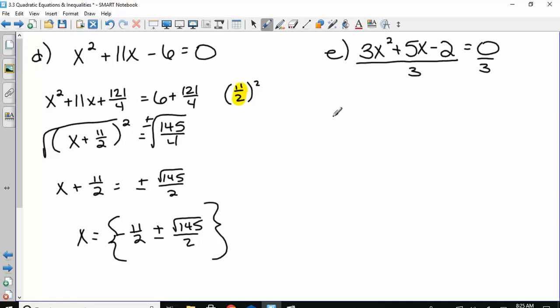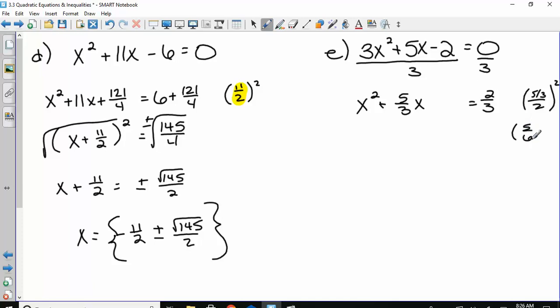And divide the 2 over. It doesn't really matter which one you do first. So you get x squared plus 5/3 x. Can I go ahead and add the 2/3 over? Okay. So the middle term was 5/3. I need to divide that by 2 and square it.